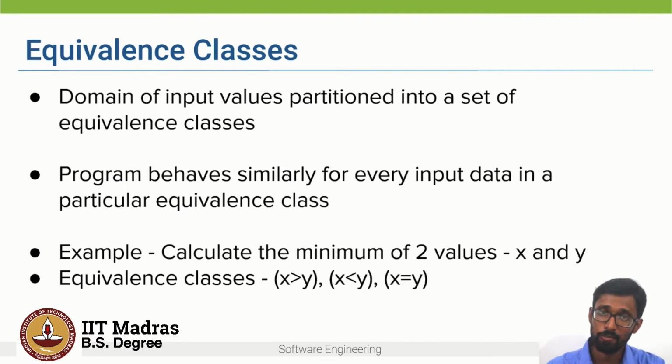The other set of inputs is where x is less than y. And the third equivalence class is where x is equal to y. And for every equivalence class, for example, x greater than y, with values like 20, 10, 50, 40, wherever x is greater than y, we need to just choose one value from this entire set. The same thing for x less than y and x equal to y.